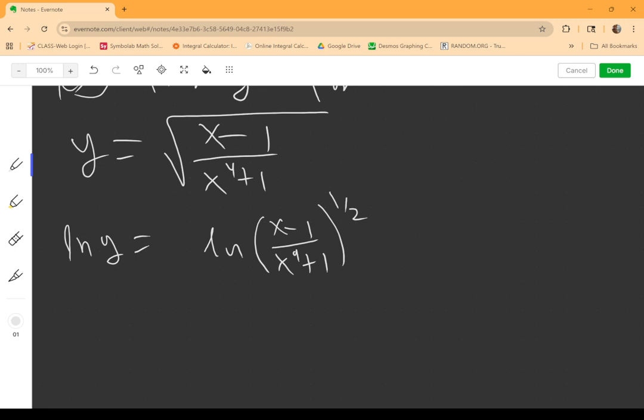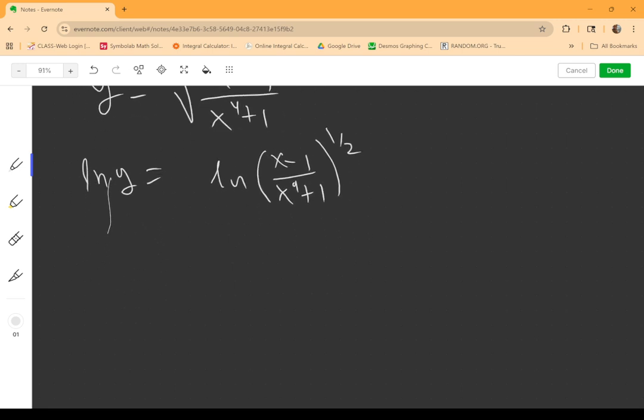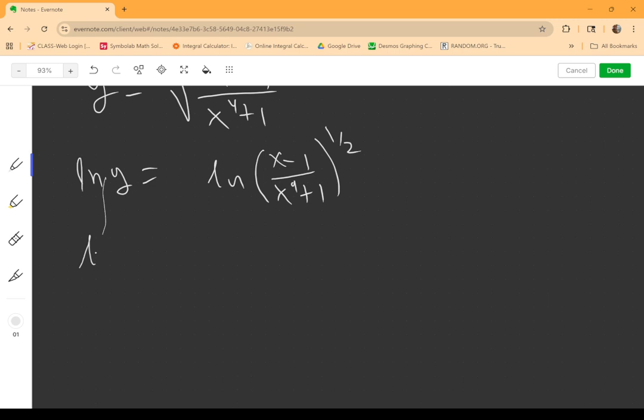That bypasses having to use the chain rule, or at least a more complicated chain rule, and the quotient rule, because now, using the properties of the natural logarithm, I can rewrite this. Natural log of y is still natural log of y, but here we have 1/2 times natural log of x minus 1, minus natural log of x to the fourth plus 1.